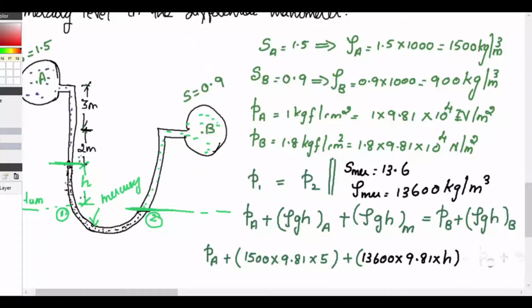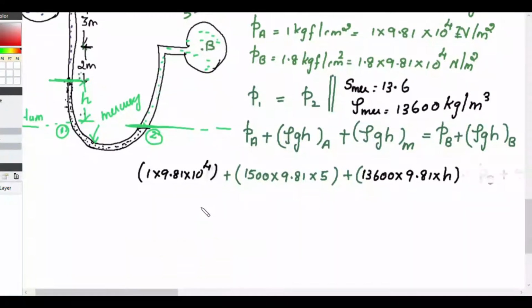Here, we know the value for pressure at A, right? Pressure at A is given as 1 into 9.81 into 10 to the power of 4.